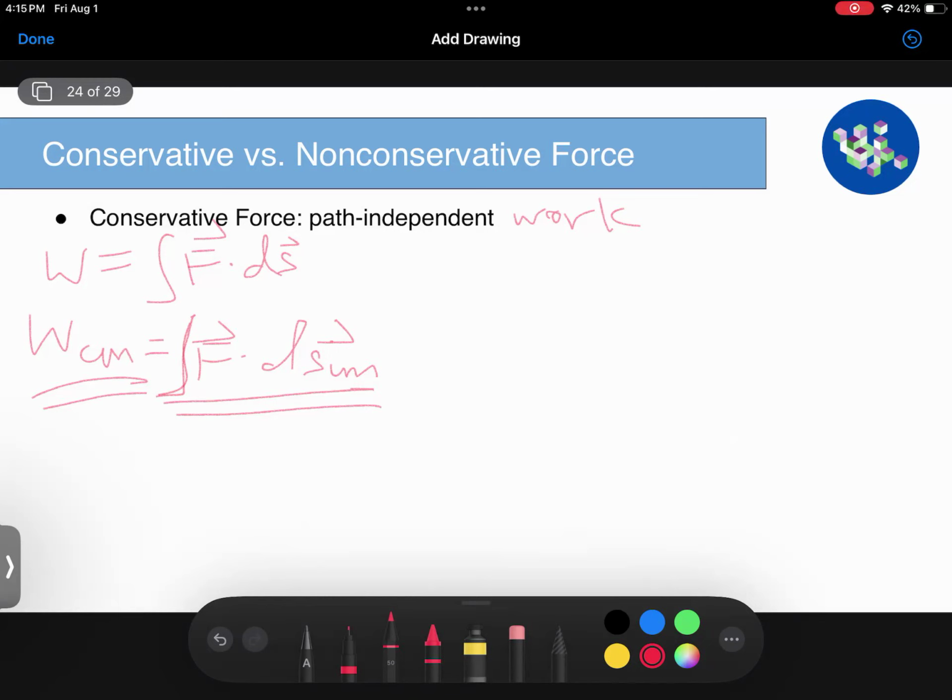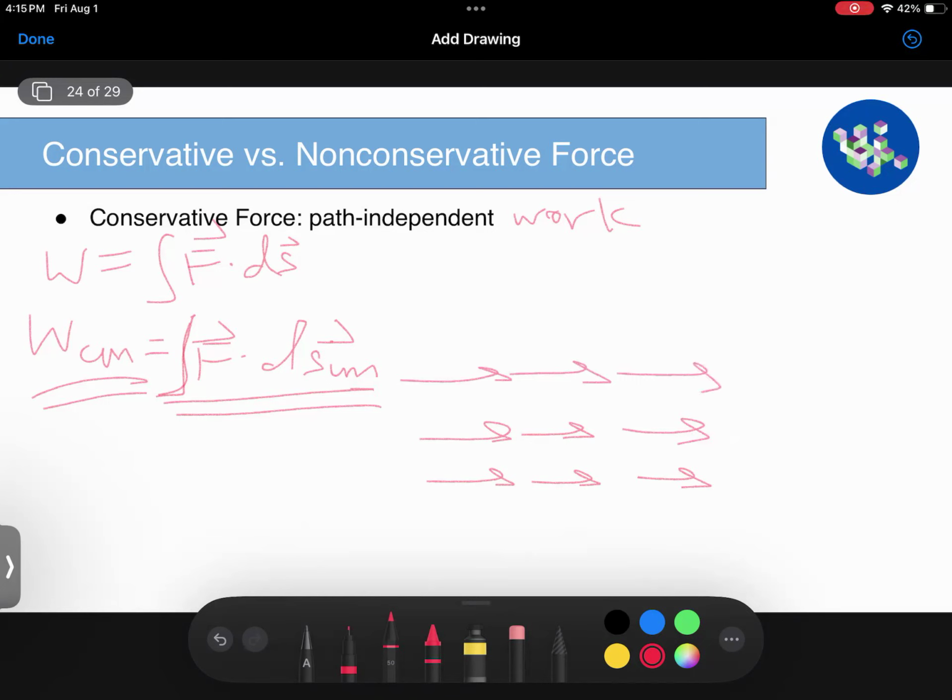For example, say in space my force is always pointing in the same direction, so at every point in space my force points downward. This is like a vector field, if you've learned this before, right?